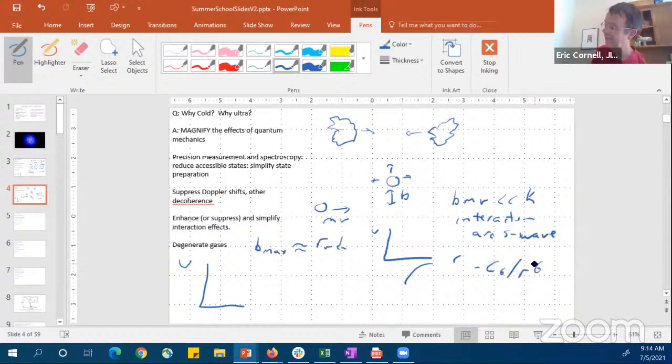I'd say, okay, what's the range of that potential? And it's a power law. So you might think, well, power law potentials don't have a range. But you can ask the other question, which is, suppose I start at infinity at zero energy and I roll down this potential.